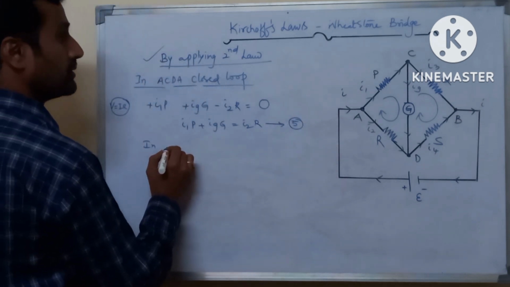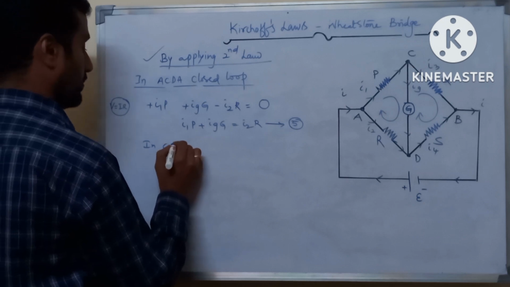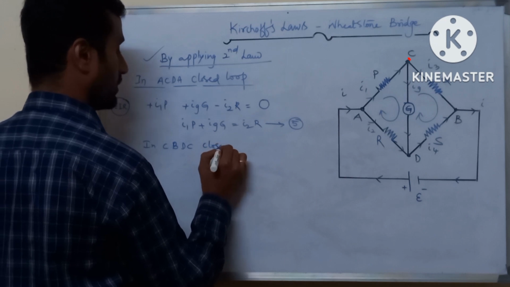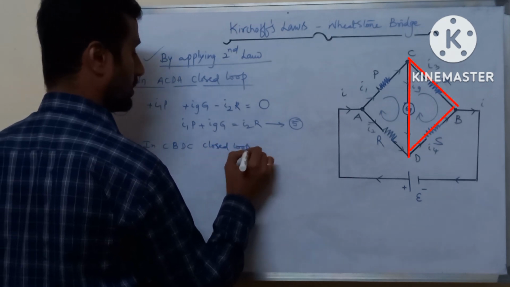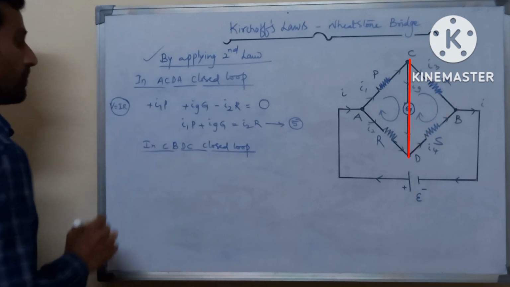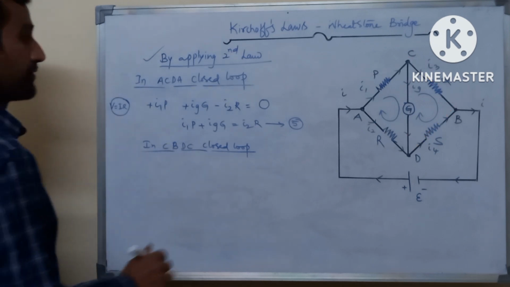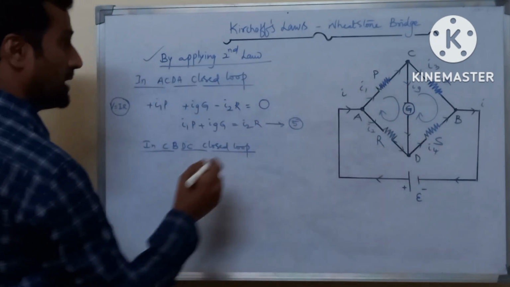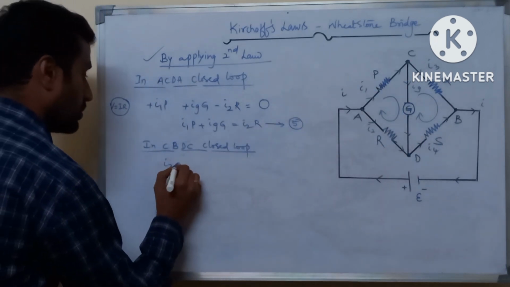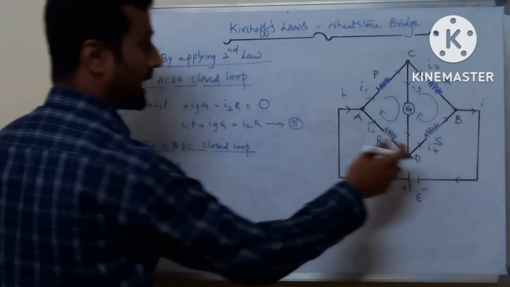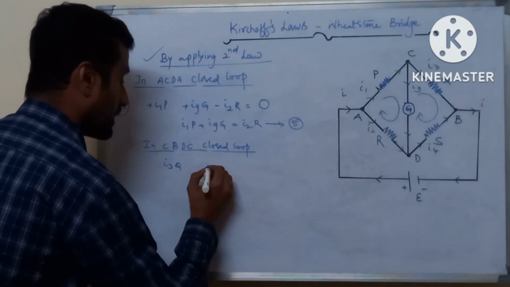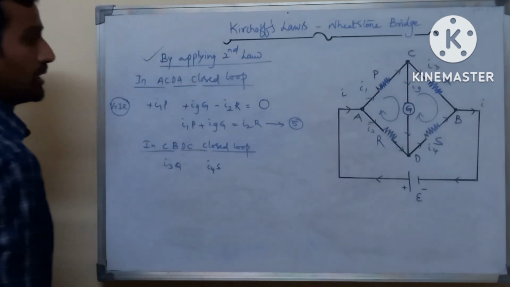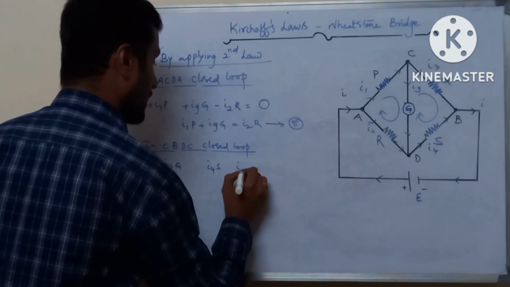Again, in the C, B, D, C closed loop, we will apply Kirchhoff's second law. The potential drop across the branch CB is I3Q, across the branch DB the potential drop is I4S, and along the branch DC the potential drop is IgG.